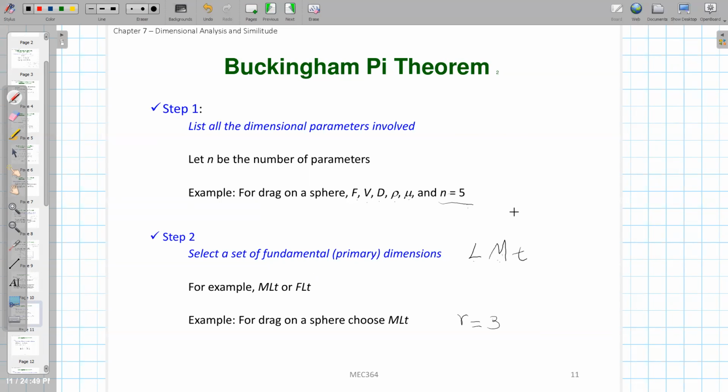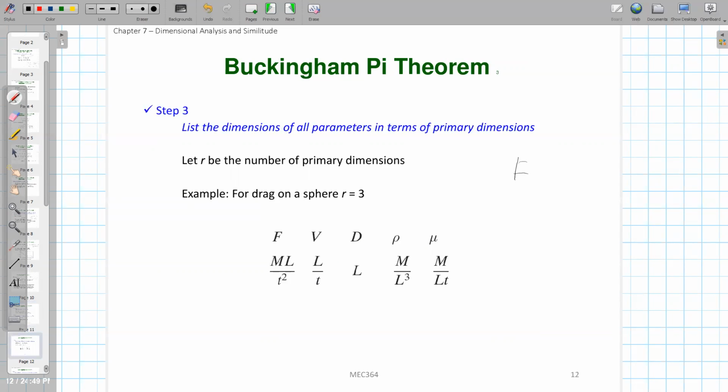Because F equals m a, right? So m gives you the mass, and a is the velocity per second, so it's meter per second squared. This will give you L over T squared. So you know that force has this dimension: mass times length divided by the square of time.